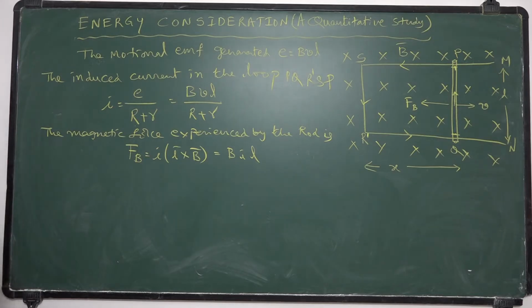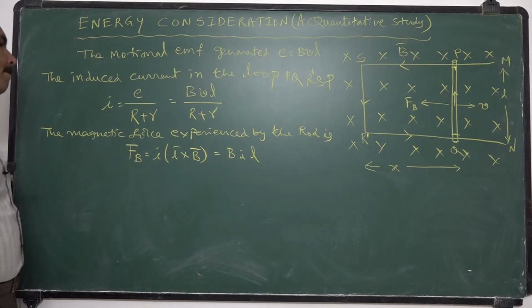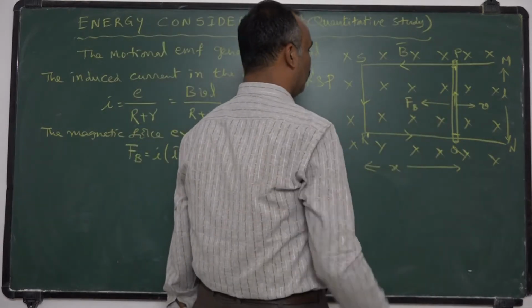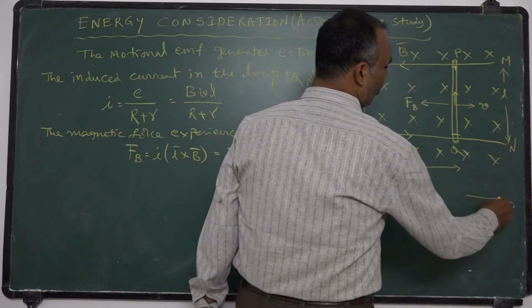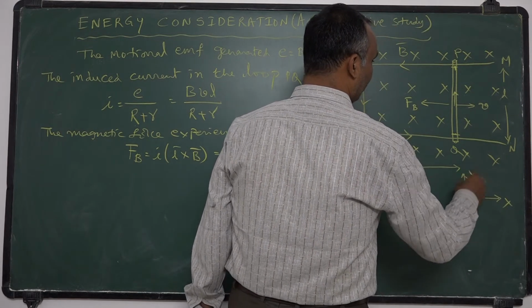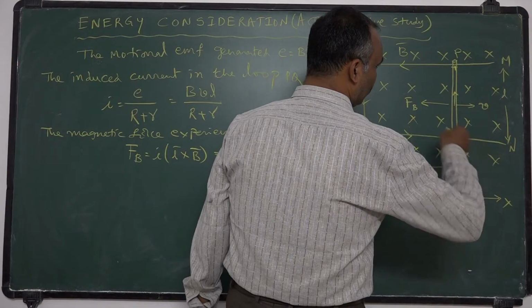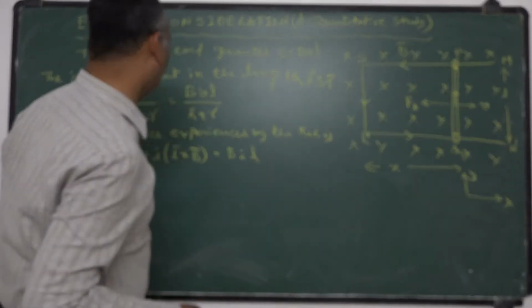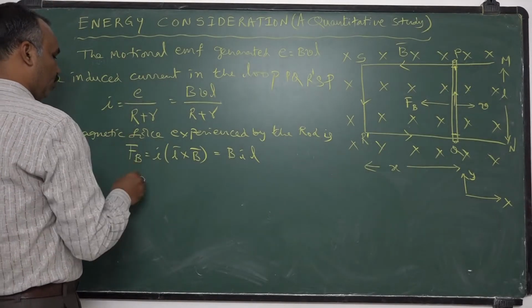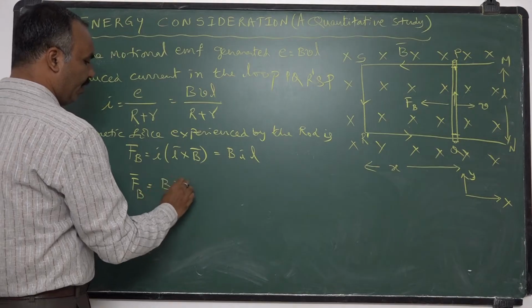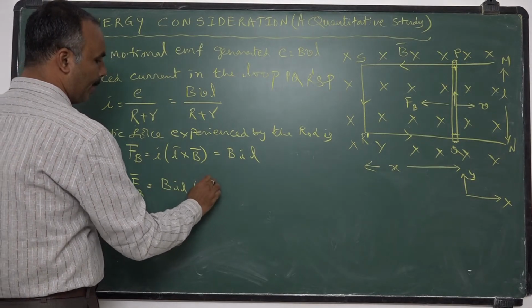Already we know that this force is acting in this direction. For the time being, if this is along the x-axis, this is along the y-axis, and the length of the rod is along the y-axis, and its motion is along the x-axis, then the direction of this force, if you want to write FB vector, is given by BIL into minus i cap.